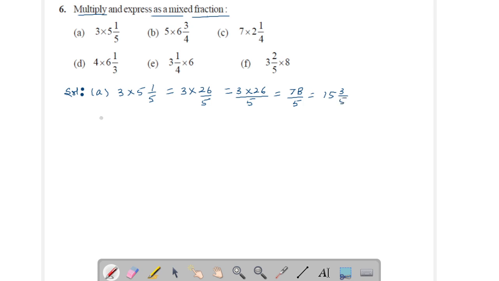Come to B part. It is 5 into 6, 3 upon 4. This can be written as 5 into, convert into improper fraction. 6 4s are 24 plus 3, 27 upon 4.